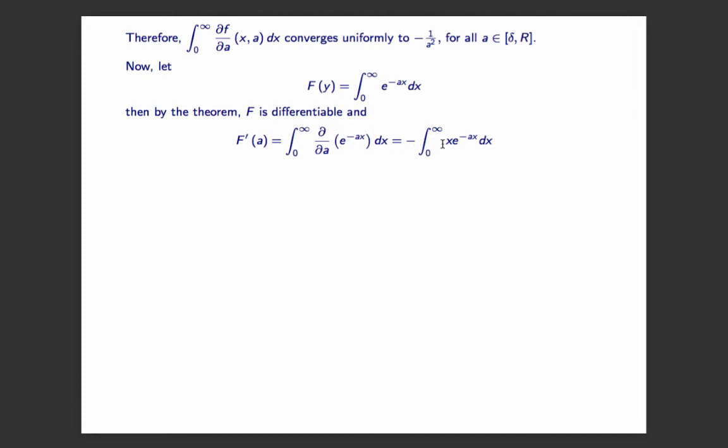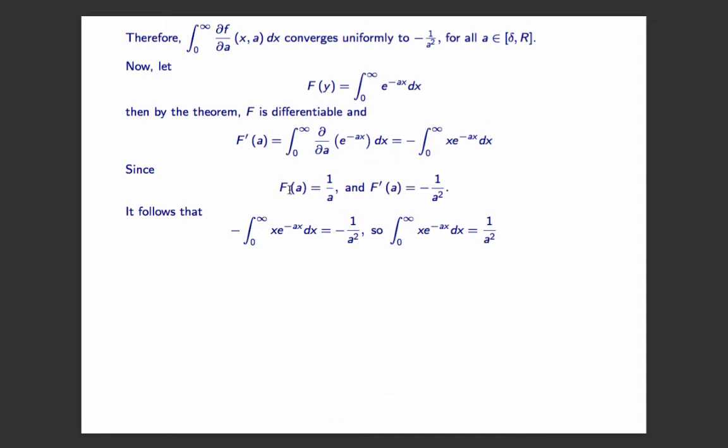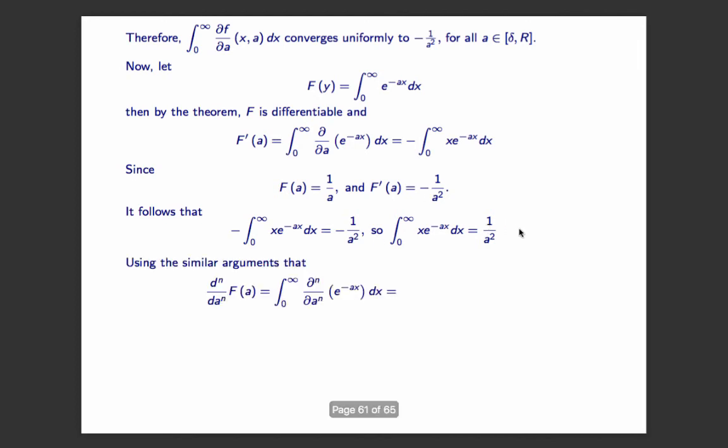And well, that's equal to negative the integral from 0 to infinity of x e to the negative ax. But we also know that f of a is 1 over a. And the derivative of 1 over a is just -1 over a squared. So in fact, this integral equals -1 over a squared, which is what I have here. They both have a negative, so I can drop it, which is what I have here.